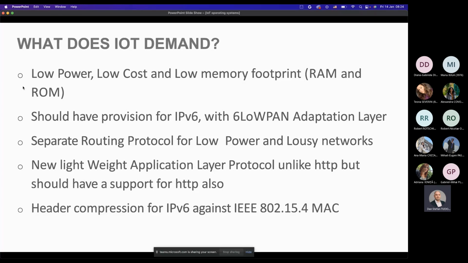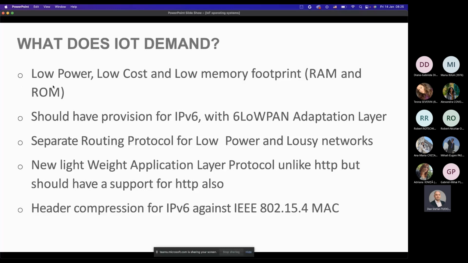And you have a very generous memory footprint. No, it's usually very constrained operations, very low footprints for the operating systems, and usually it's a high degree of modularity, so you can easily add or remove different drivers, different protocols from the OS stack.